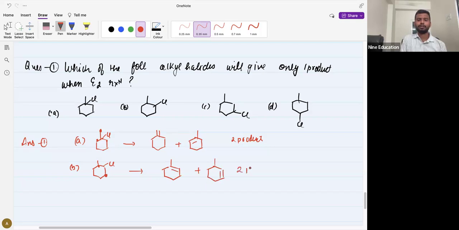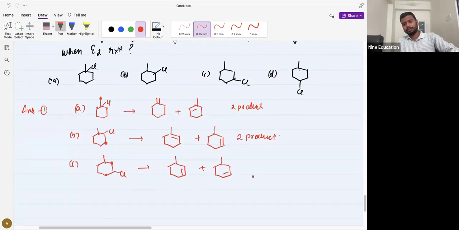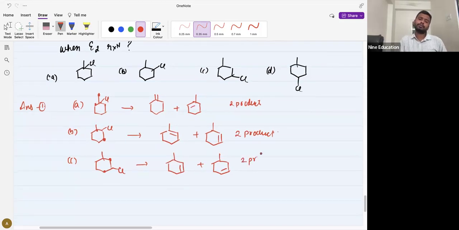So here also two products. Third one, see if I have chlorine, this side and this side, it also has two beta carbons, hydrogens also they have, so either this one will form or this one will form. So this also has two products, both are different.